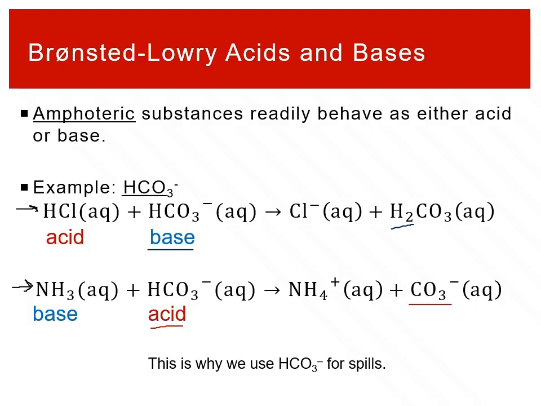You can deal with potent acids, large spills of acid, large spills of bases. You can react with them, neutralize them, and create something far less dangerous, far less reactive. That's why we use sodium bicarbonate, because it has both. Instead of having to have an acid to react with bases and a base to react with acids, we just need one thing. Sodium bicarbonate can pull double duty.